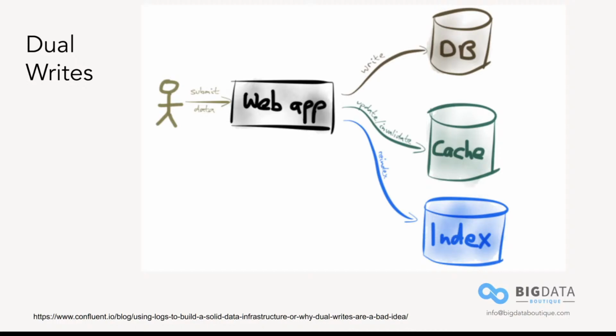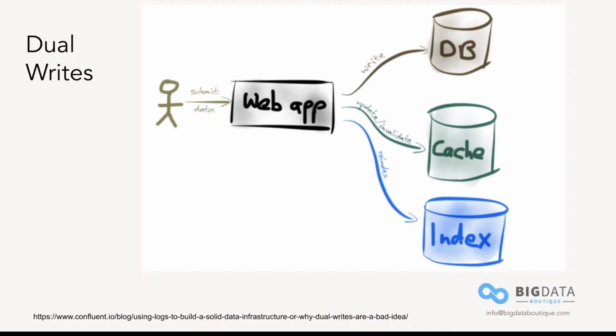And this web application nowadays needs to write information to different stores. It typically needs to write information to a relational database, because relational databases are really good to organize information and keep the relations between all our entities. But it also has a cache, so it also has to write to Redis or something like that to update or to validate records in the cache.